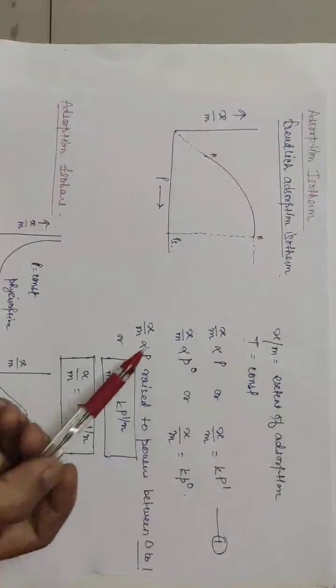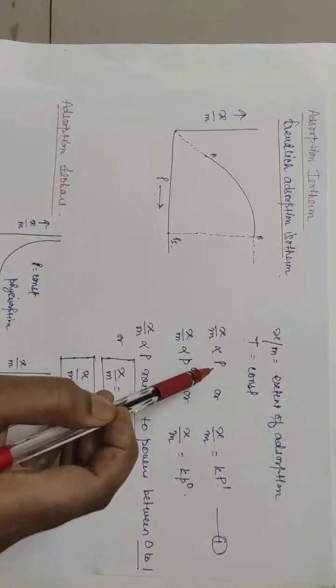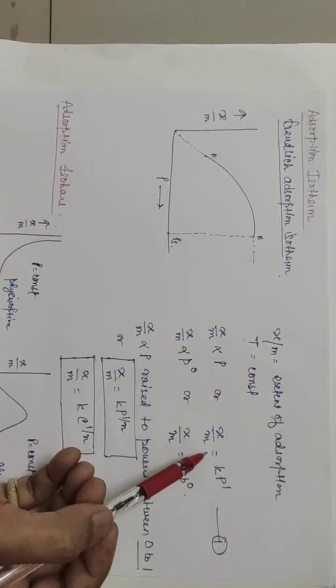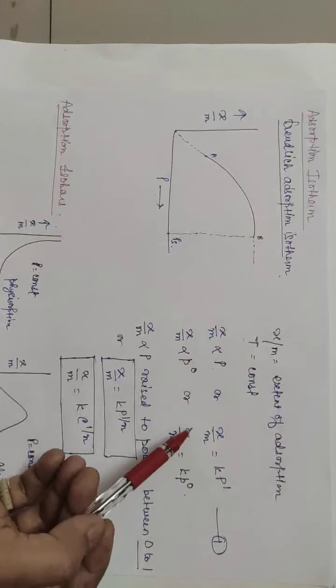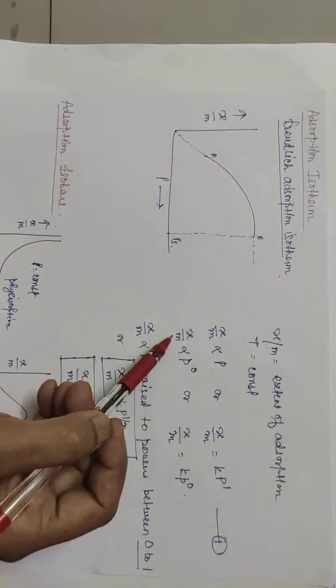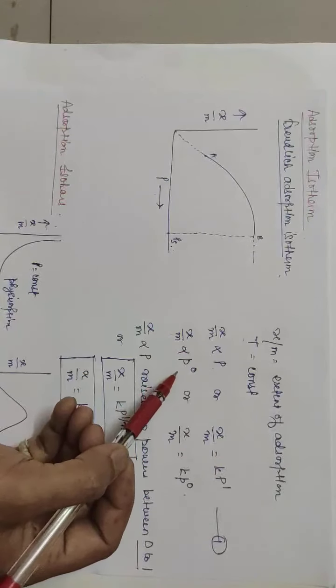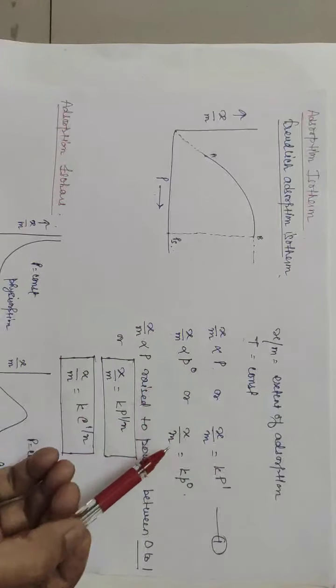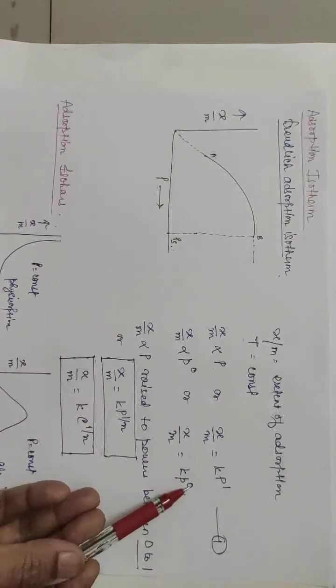So you can write x by m is directly proportional to P at lower pressure, or x by m is equal to K P raised to the power 1. At higher pressure, after reaching the saturation point, x by m is directly proportional to P raised to the power 0, or x by m is equal to K P to the power 0.